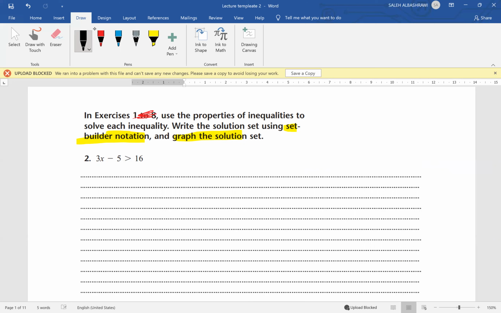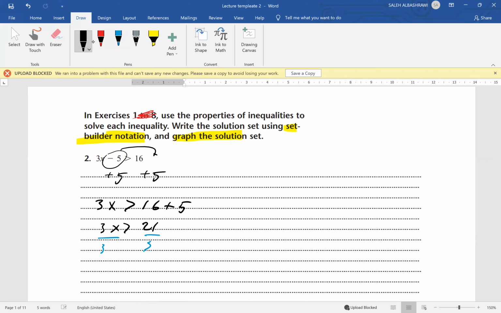So in the first step, I'm going to move this to the other side, adding plus 5 to the two sides. This will give me 3x greater than 16 plus 5. So 3x will be greater than 21. Now divide by the coefficient of x, divide by 3.